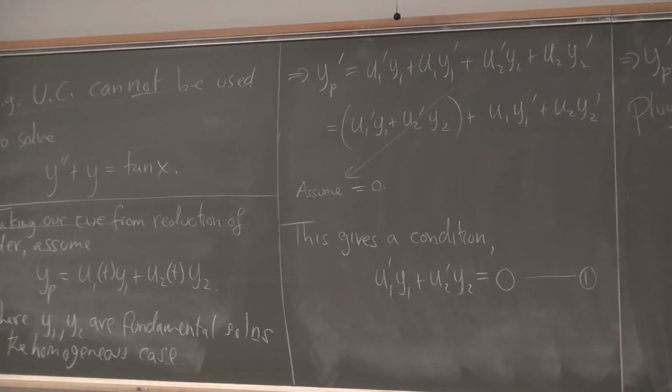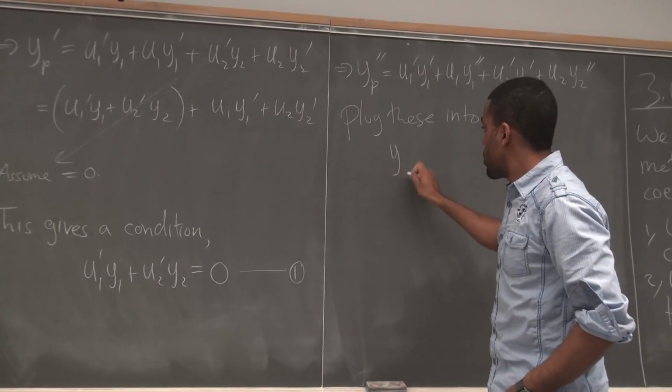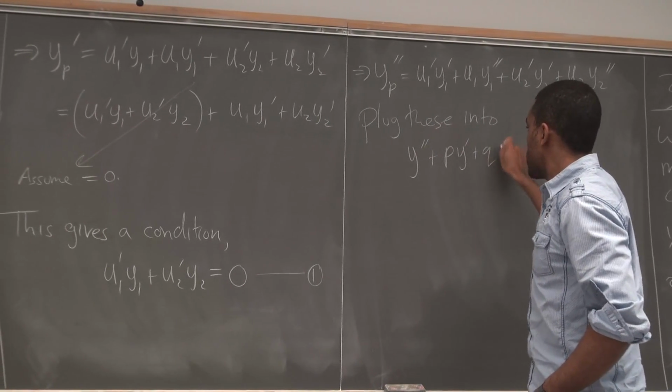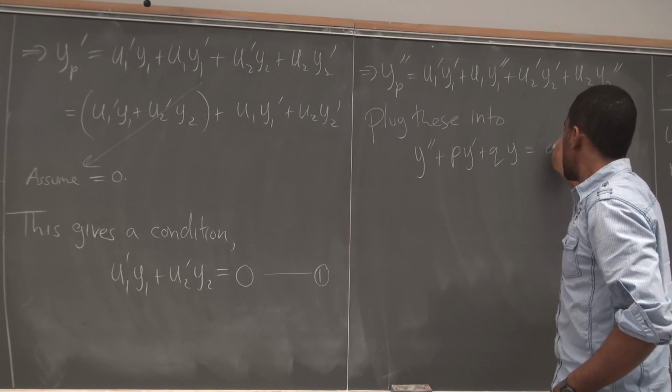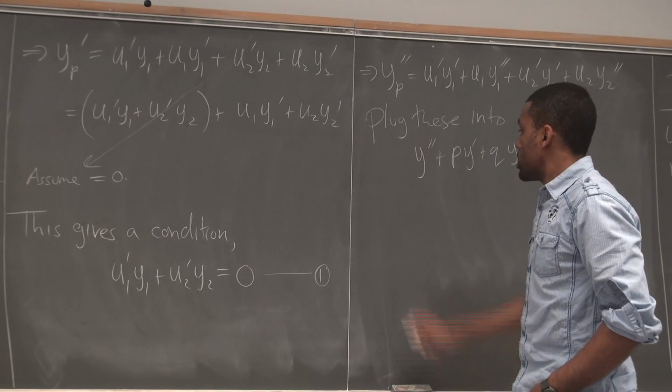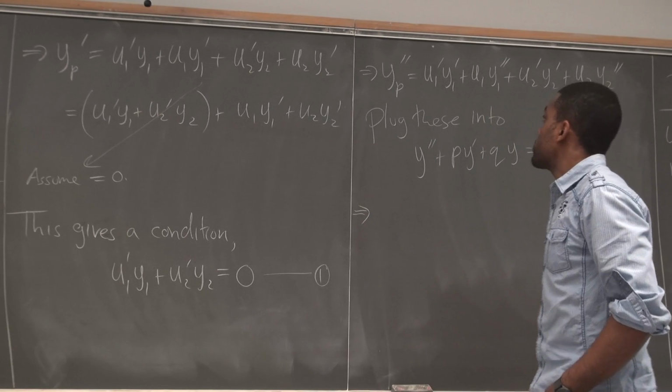Now we're going to plug this into our general form: y double prime plus p of y prime plus q y equals g. Remember, this is our general form that I'm using. This means what would we get?